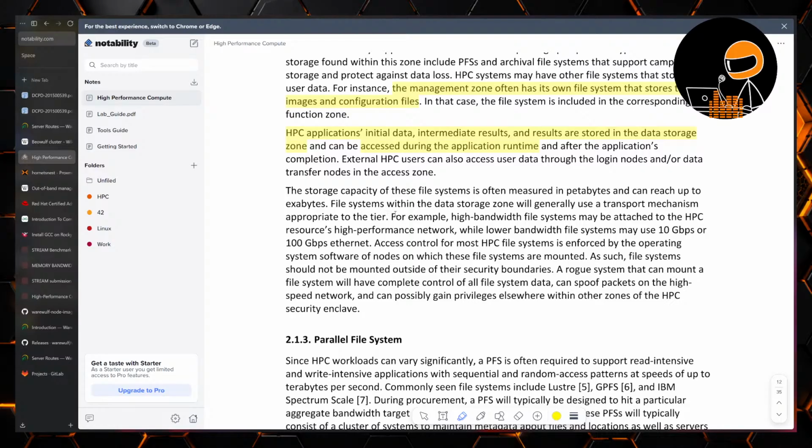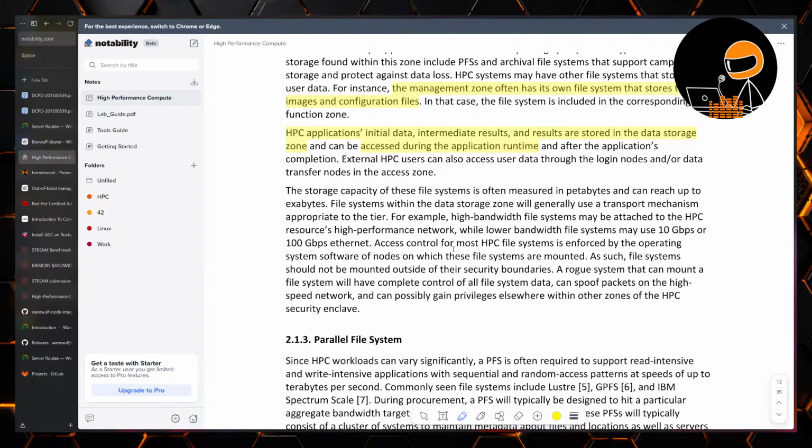File systems within the data storage zone will generally use a transport mechanism appropriate to the tier. For example, high bandwidth file systems may be attached to the HPC resources' high performance network, while lower bandwidth file systems may use 10 gigabit or 100 gigabit Ethernet.